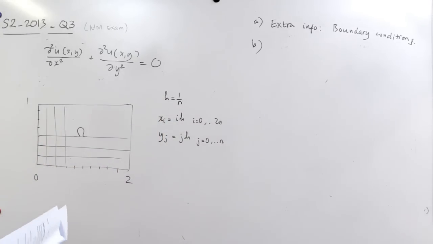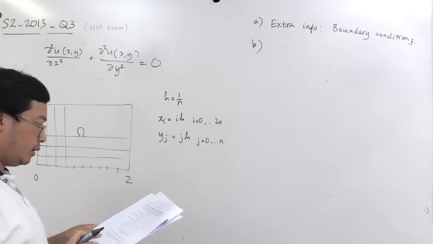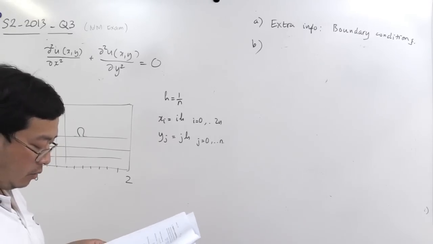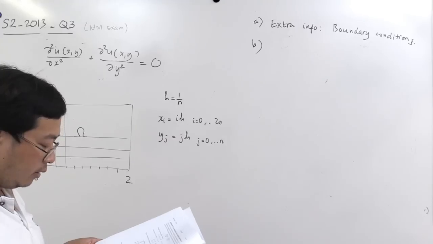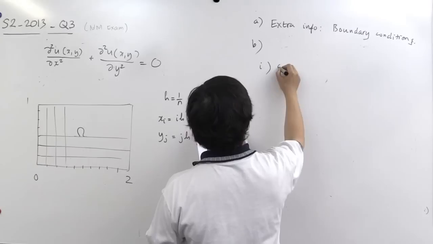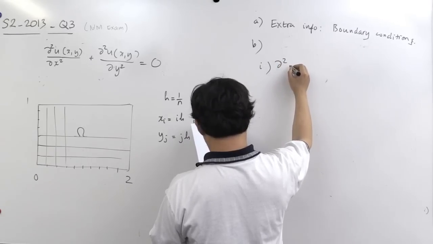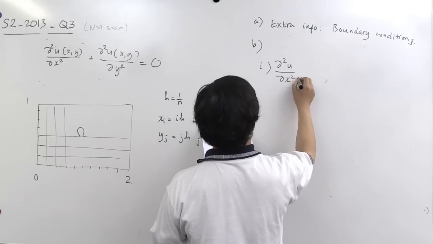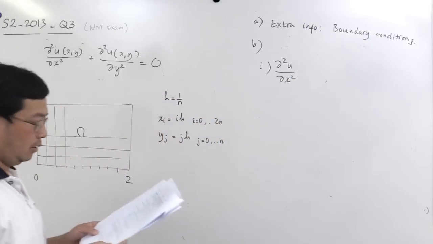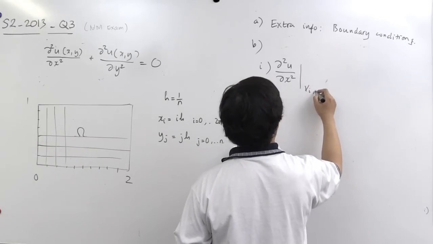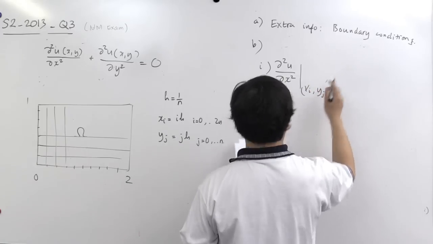So now in the question you are given the forward difference, central difference of the first and the second derivatives. And now the question asks you, what is the approximation by central difference of the second derivative with respect to x squared, evaluated at xi, yj?